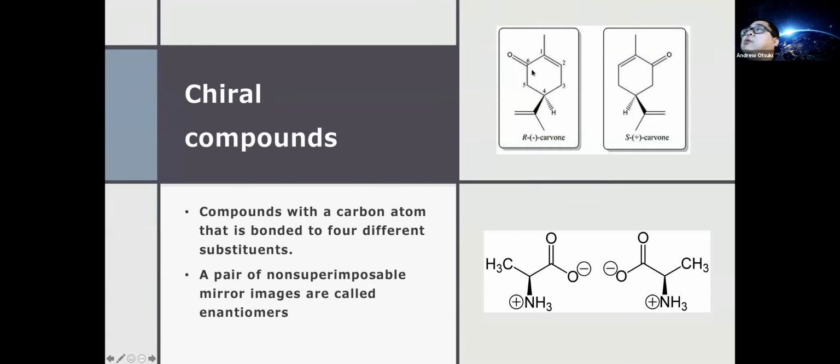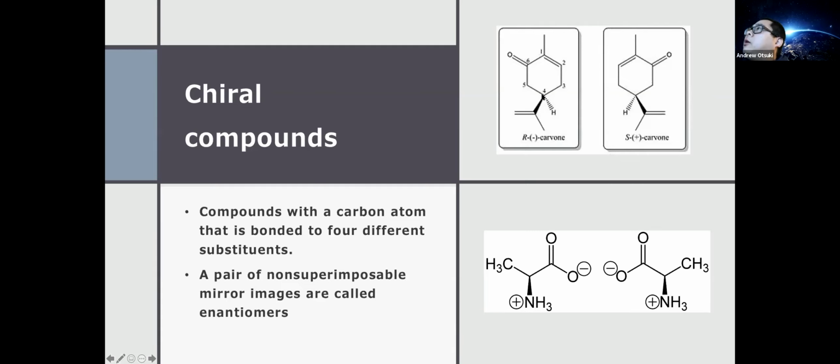If we rotate the one on the left, it will not match up with the one on the right, because everything will line up, but this H will now be wedged over here, and this alkyl group will be dashed, and it will not match the enantiomer here. Those are called enantiomers, or non-superimposable mirror images, and they are a kind of stereoisomer.